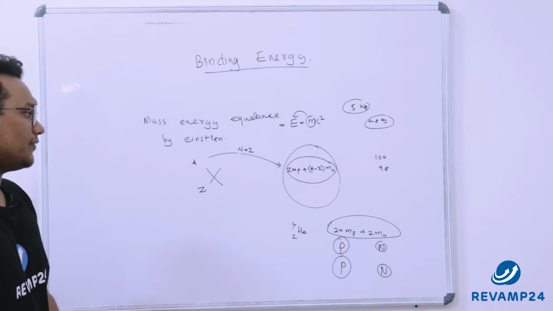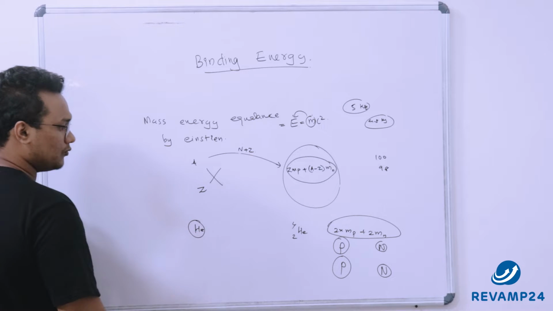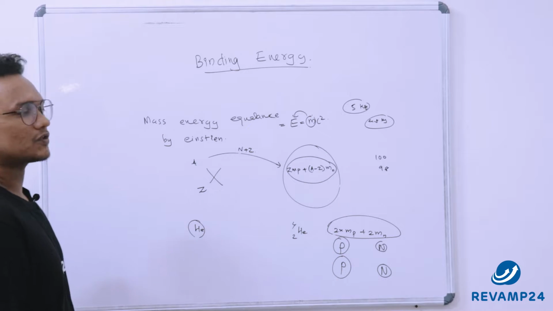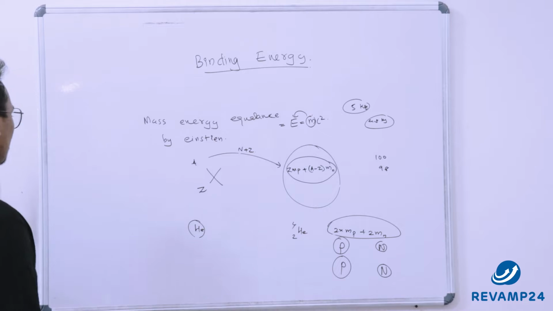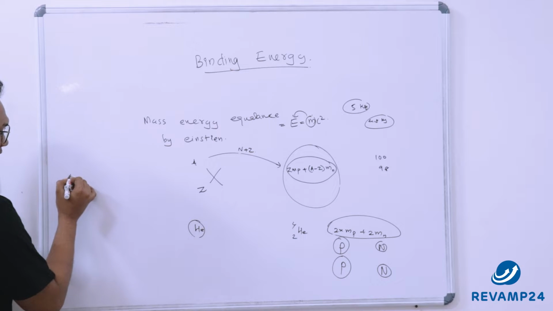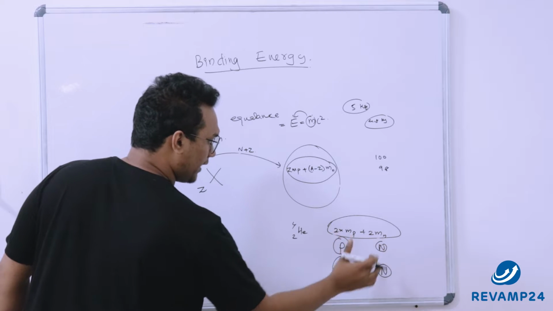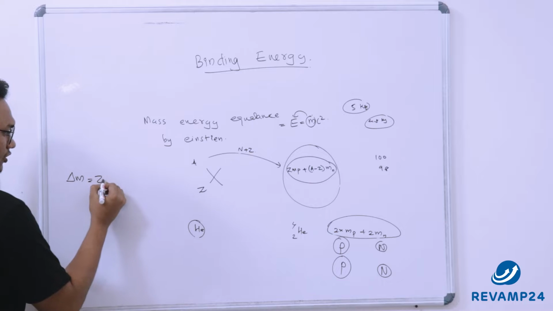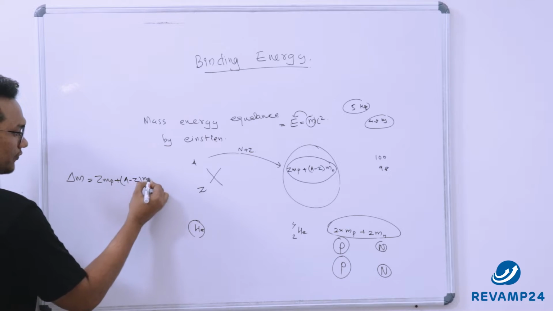But if you individually measure the total mass of the helium nucleus, we find that this mass is a little bit less than that sum. This is called mass defect. What is mass defect? Delta M is equal to, which one would be higher? The sum would be higher. As per the standard equation, Z into the mass of a proton plus A minus Z into the mass of a neutron.